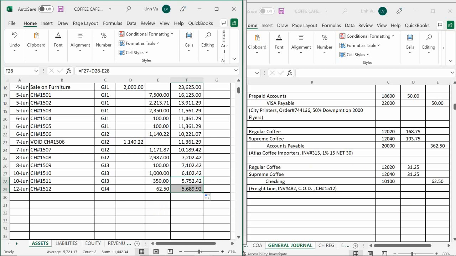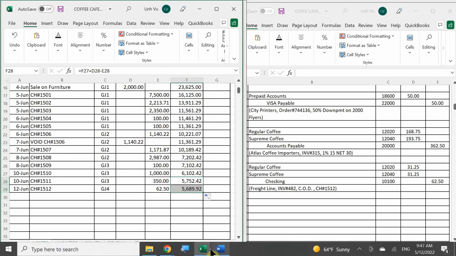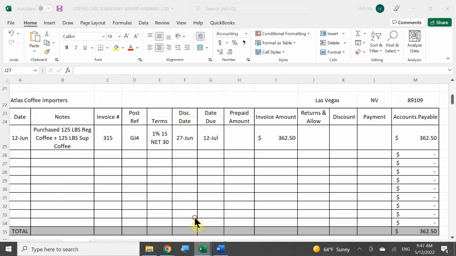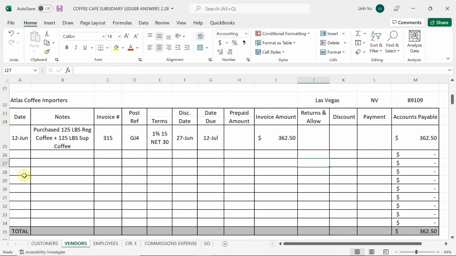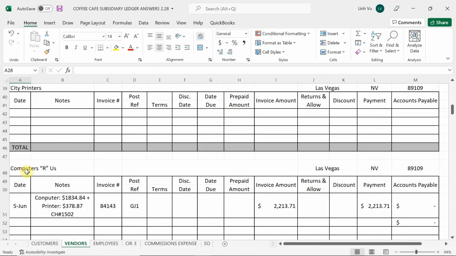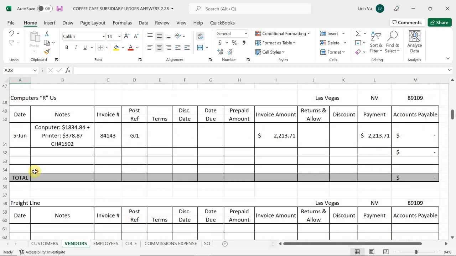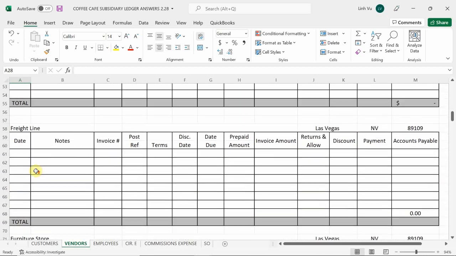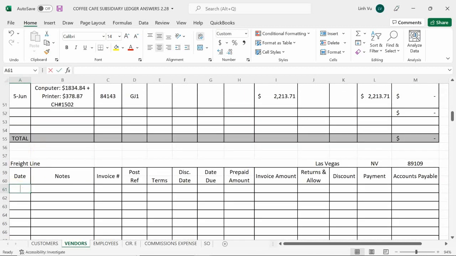Okay. So because I made a payment to Freightline, I have to record that there was proof of a transaction. Just in case Freightline says, no, I never received a payment, or no, I never delivered the coffee to them, XYZ, okay? So here you go, Freightline. What did they do?